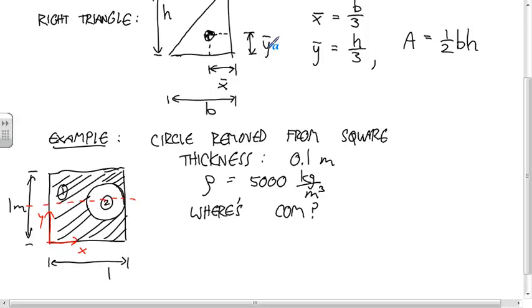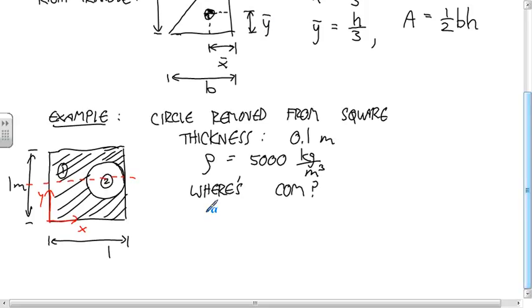And our strategy for the x centroid is: the total mass times the x centroid is equal to the mass of body 1, the square, times the centroid of the square, plus the mass of, no, we're removing it, so we have to subtract the mass of the circle times the centroid of the circle.